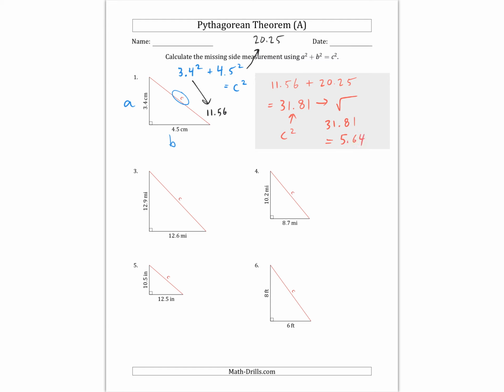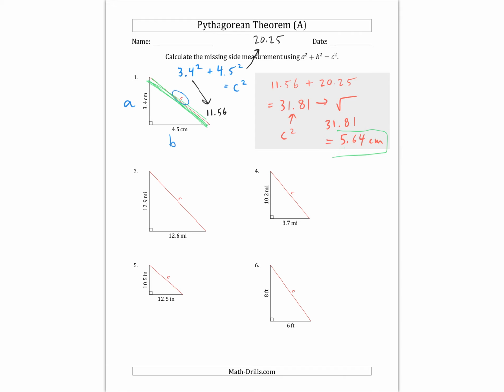Let's remember our units now. We're talking about centimeters here. So this side length right here is 5.64 centimeters, which makes sense, right? One's 3.5 approximately, one's 4.5. The longest side would be somewhere around 5, I said, somewhere around 6, and sure enough, it is.